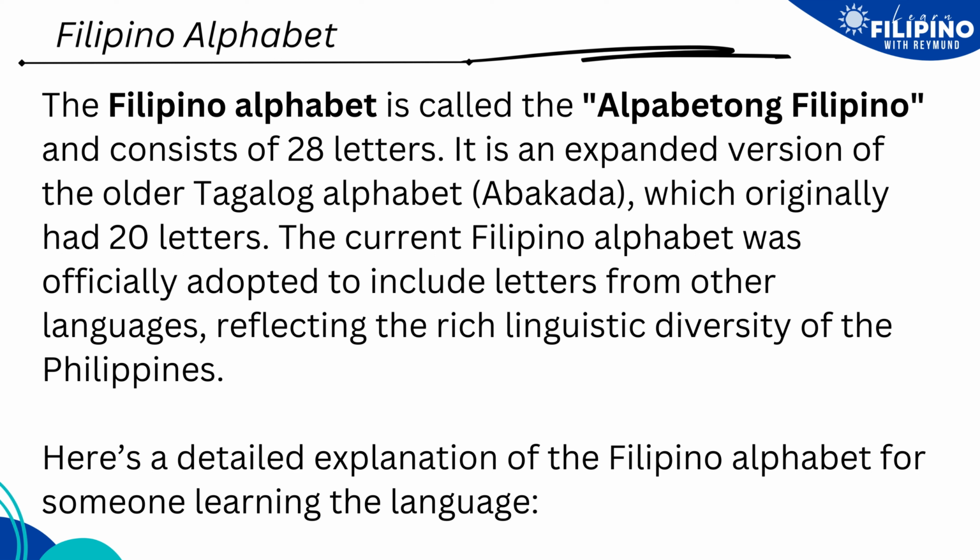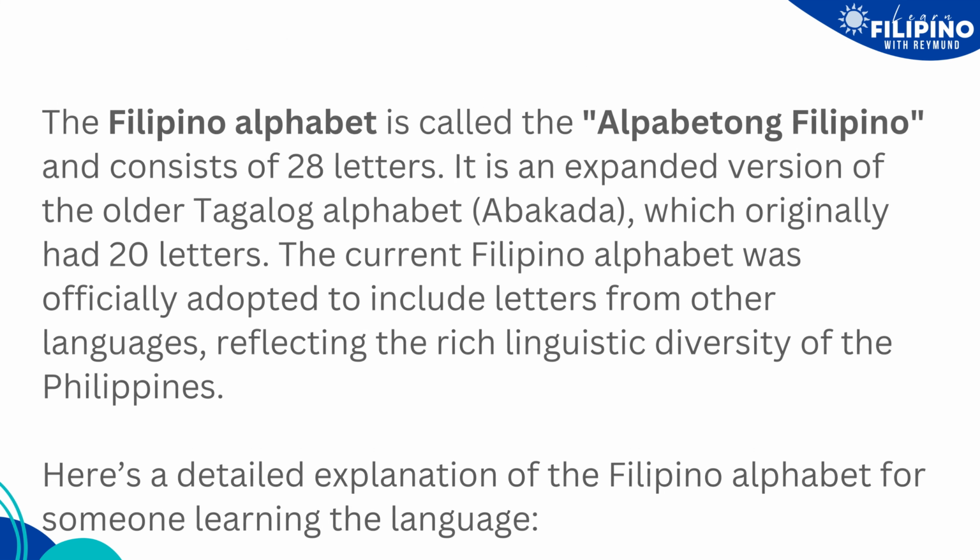The current Filipino alphabet was officially adapted to include letters from other languages, reflecting the rich linguistic diversity of the Philippines. Here's a detailed explanation of the Filipino alphabet for someone learning the language.